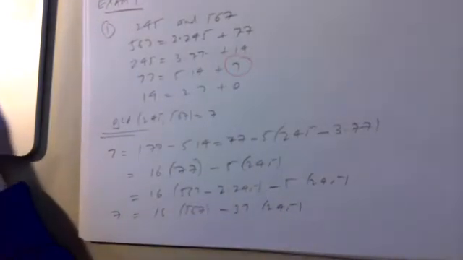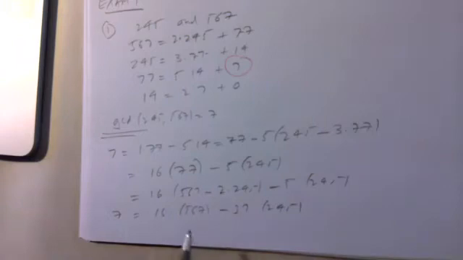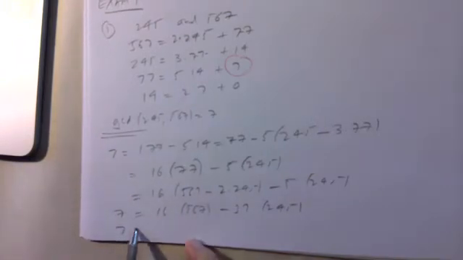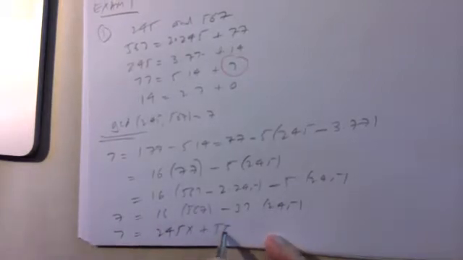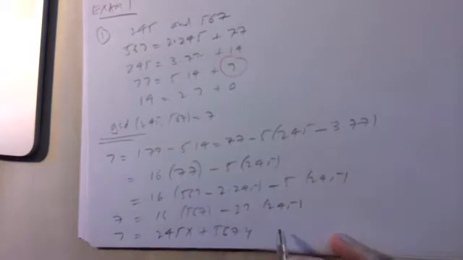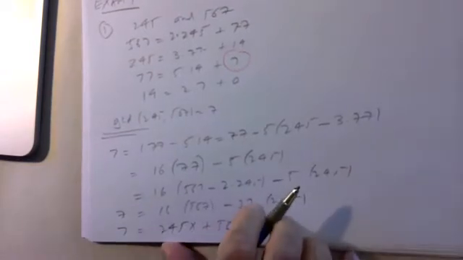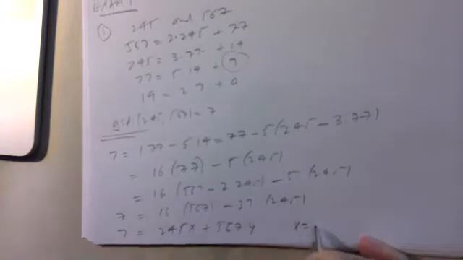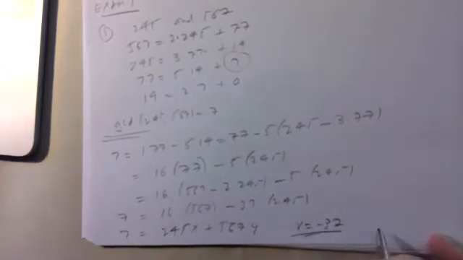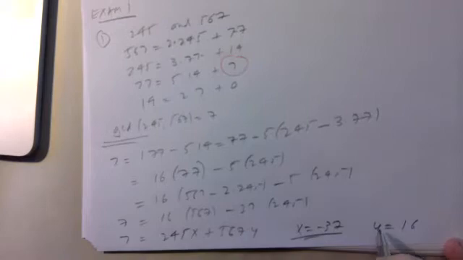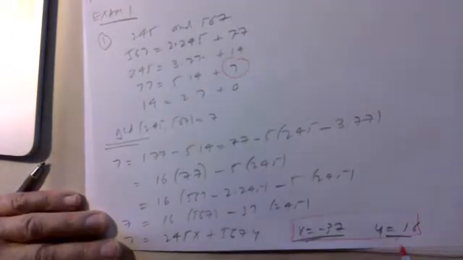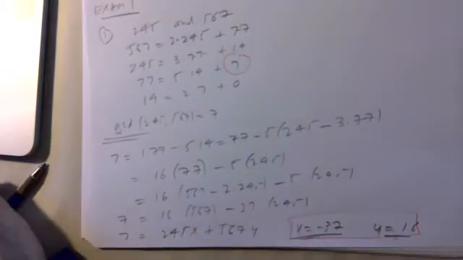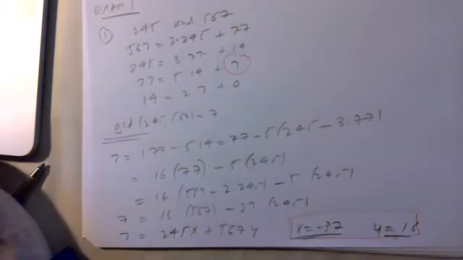So if we want to write 7 in the form 245x plus 567y, what we get from the Euclidean algorithm is that x is minus 37 and y is 16. So that's the answer for part B.